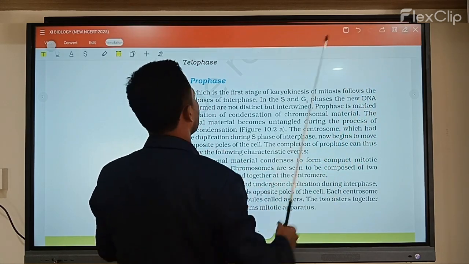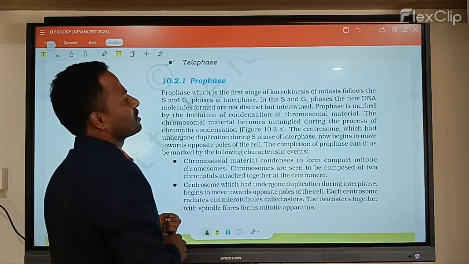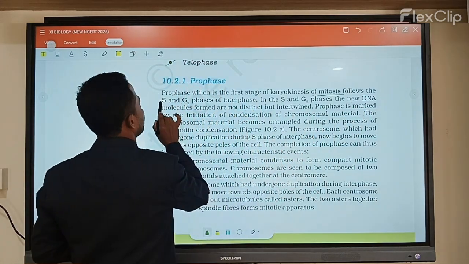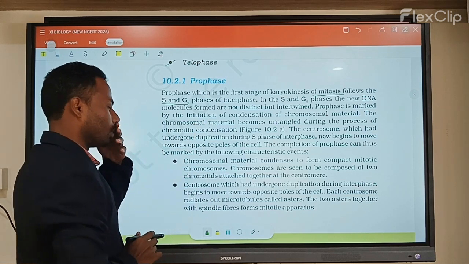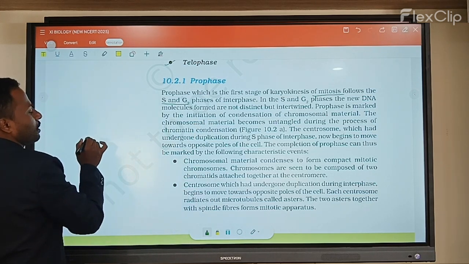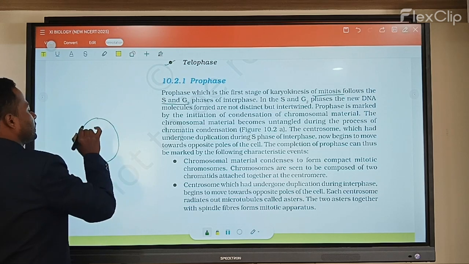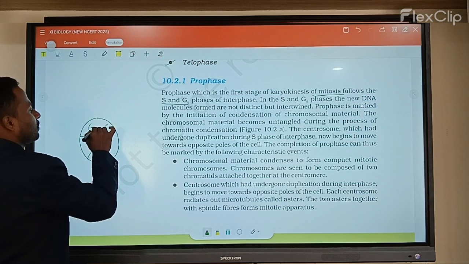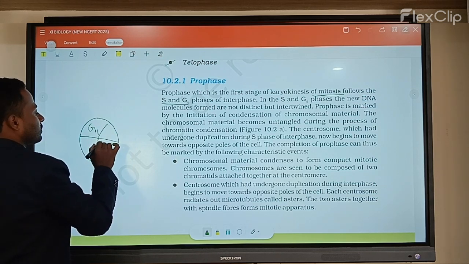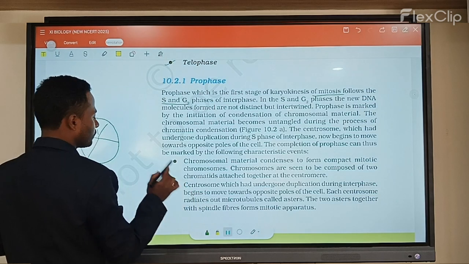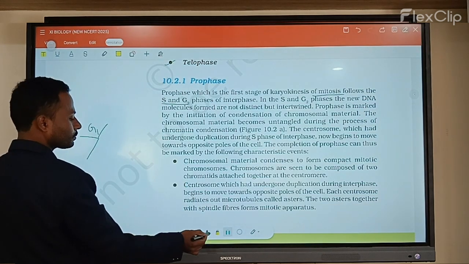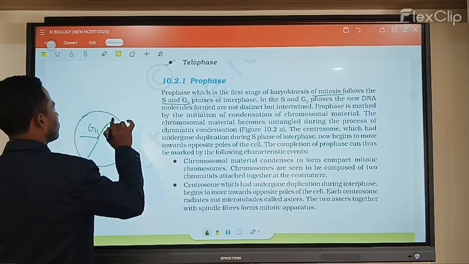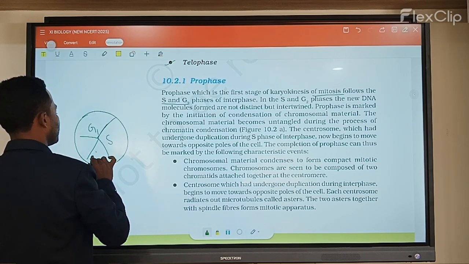In this prophase, which is the first stage of karyokinesis of mitosis, it follows the S phase and G2 phase. So here the prophase is present between what? See, this is the M phase. Interphase comprises the G1 phase, the S phase, and the G2 phase.